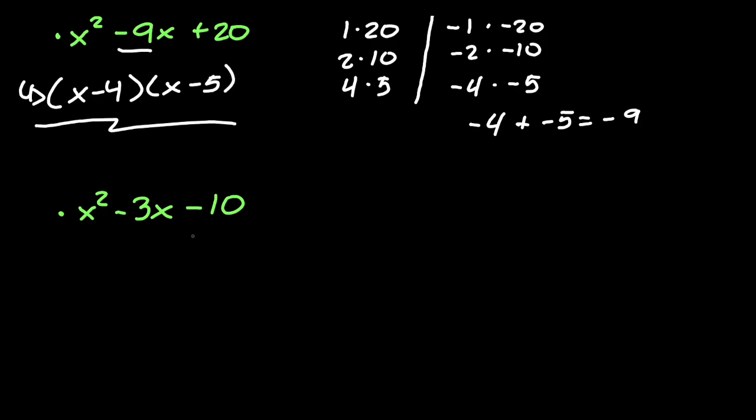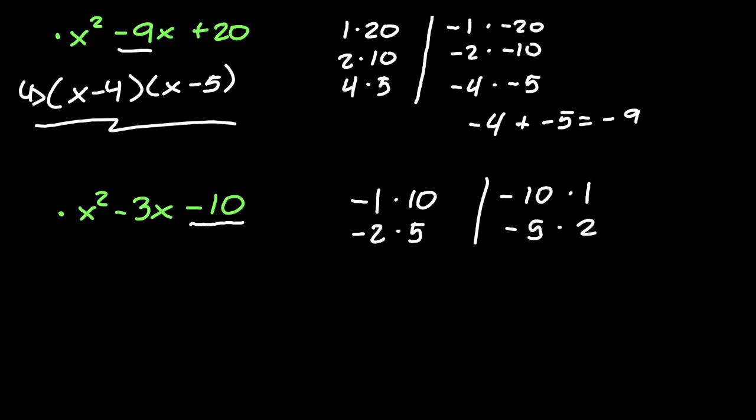For this, x squared minus 3x minus 10. The multiple factors of negative 10 would be negative 1 times 10, negative 2 times 5, or negative 10 times 1, and negative 5 times 2.